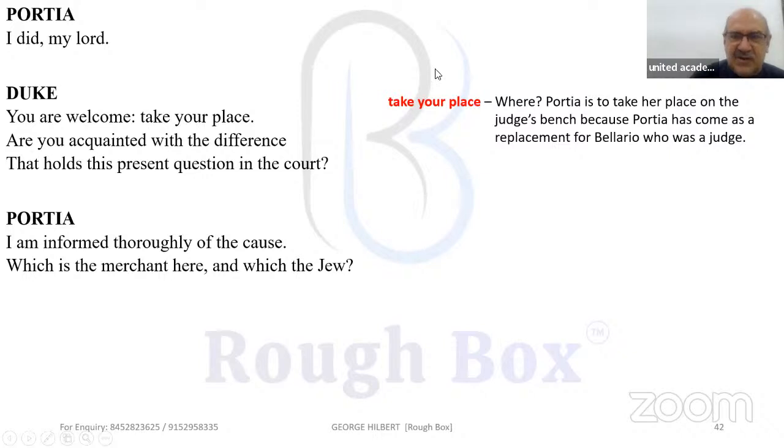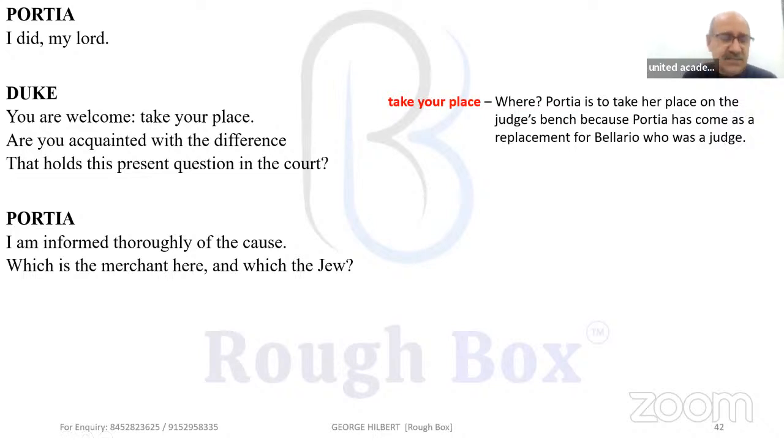This is a very controversial line. Take your place. Can you see the mouse pointer, everyone? Please read what's at the side. When he says, take your place, where is he telling her to take her place? Remember, Portia is to take a place on the judge's bench, not the lawyer's bench, because Portia has come as a replacement for Bellario, who's a judge.